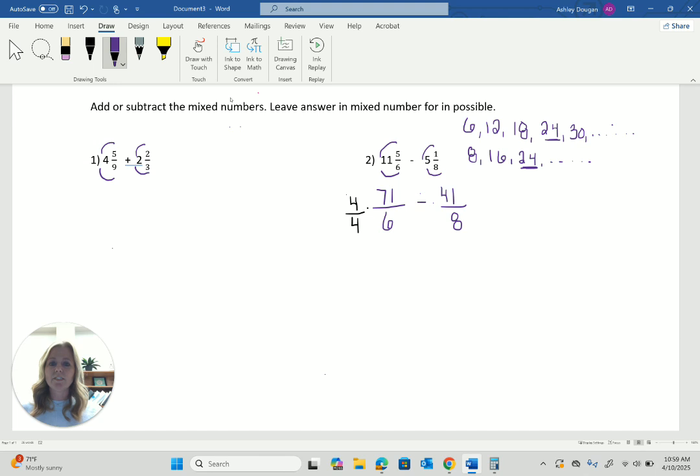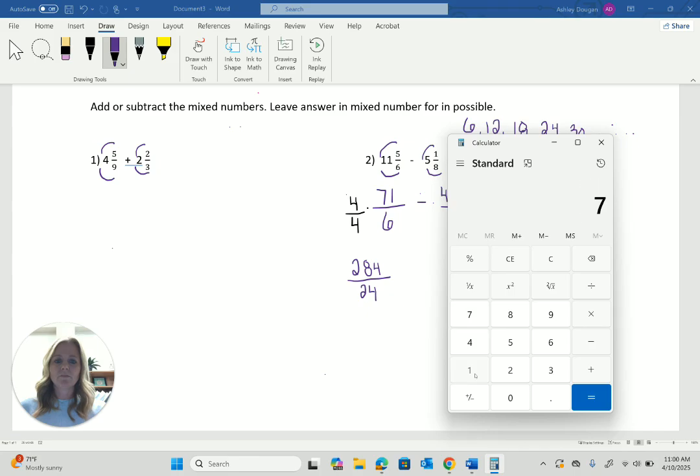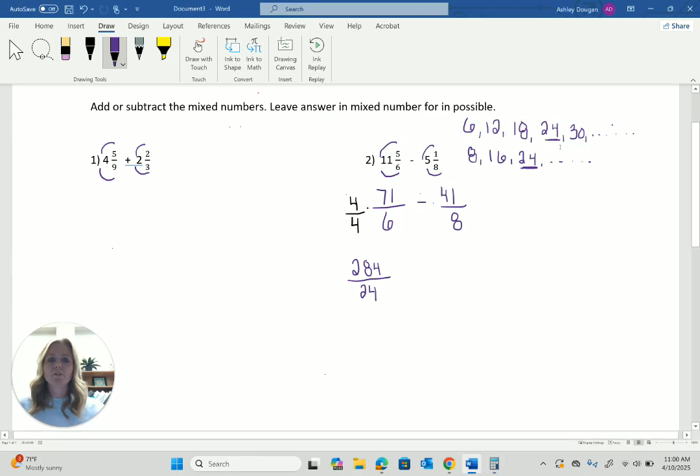I'm going to say 71 times 4, and that's going to give me 284 over 24. I can use my calculator. 71 times 4 gives me 284, and then 6 times 4 is 24, and I'm subtracting.